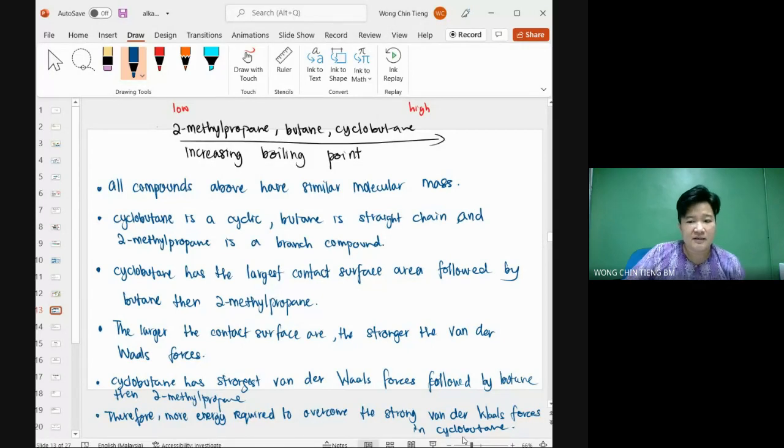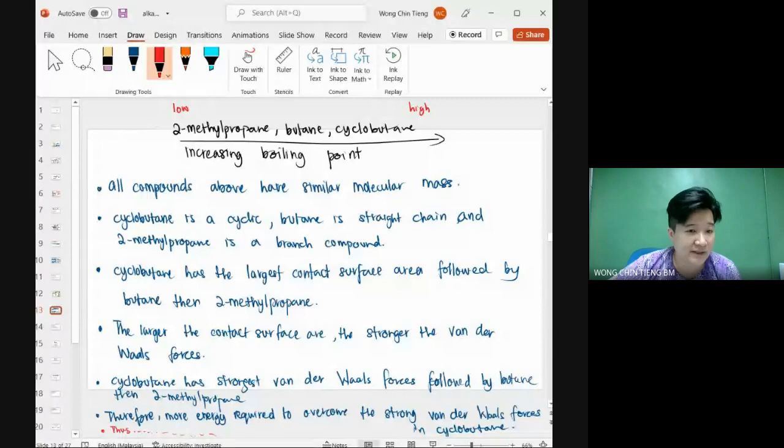Okay. Ayat last, therefore, thus boiling point cyclobutane is highest. Ayat last tu jangan tinggal lah. Thus boiling point siapa lebih tinggi. Nampak? Ayat bawah takkan ubah. And I will try to keep this same sentence until the end of the semester, for all the boiling point. Kita akan belajar lagi faktor.